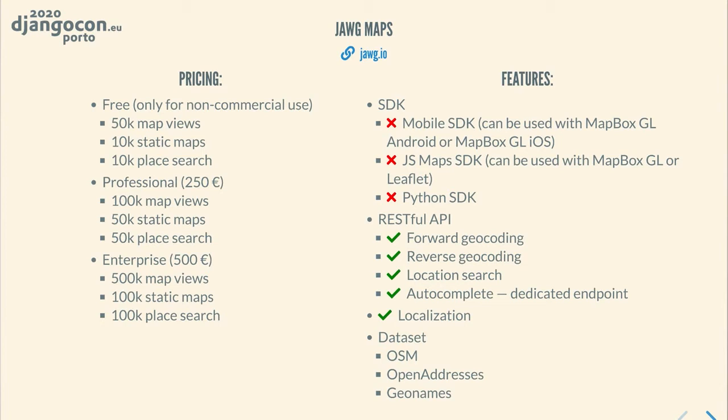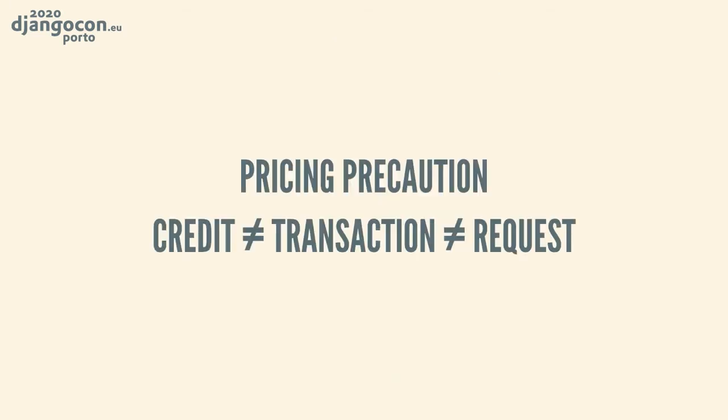Doesn't have any SDKs natively. RESTful API has forward, reverse geocoding, location search, and dedicated endpoint for autocomplete and localization. The dataset they are using is from OpenStreetMaps, Open Addresses, and GeoNames.